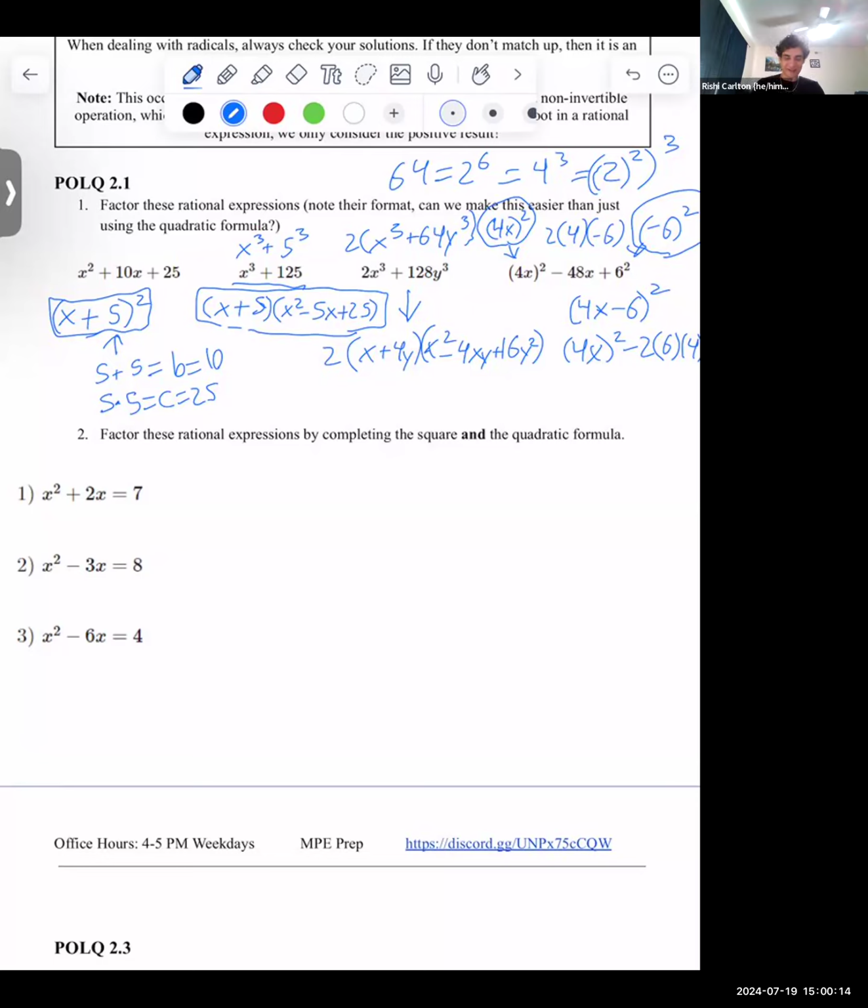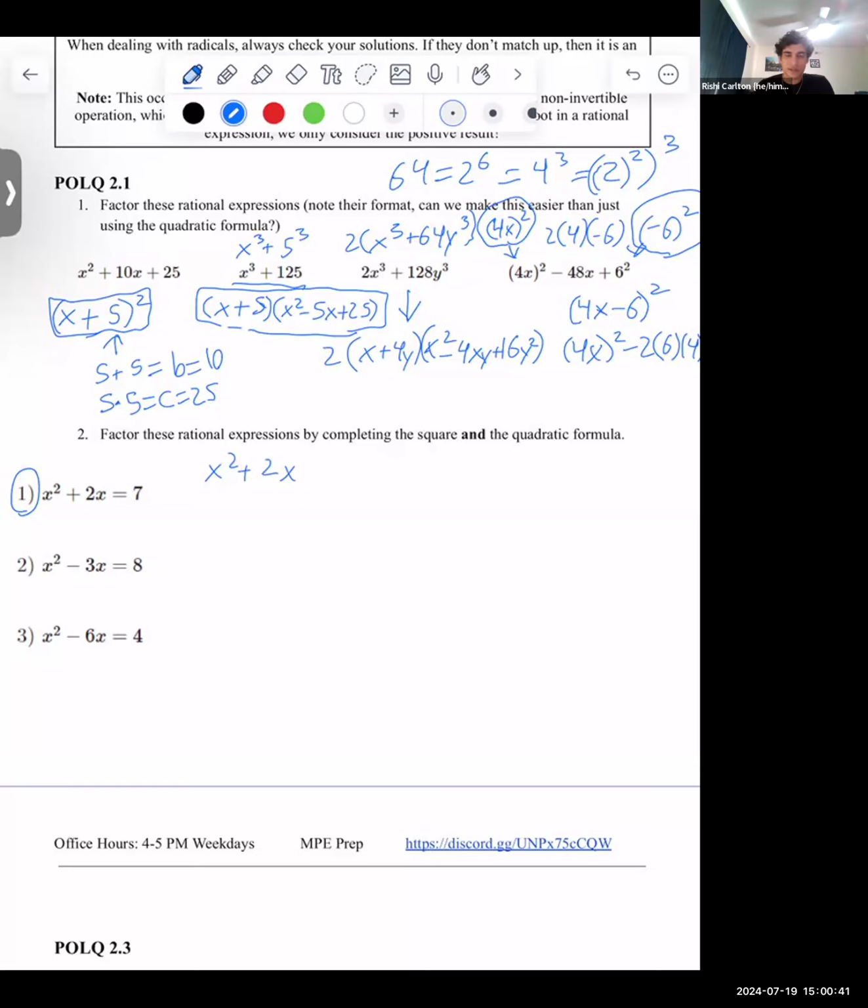We're gonna do problem 1 to make things simple. We're gonna factor the rational expressions by completing the square and by doing the quadratic formula. So completing the square, we're gonna look to create a square somewhere in here. x squared plus 2x.